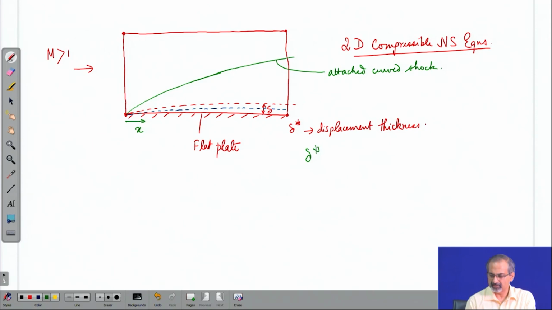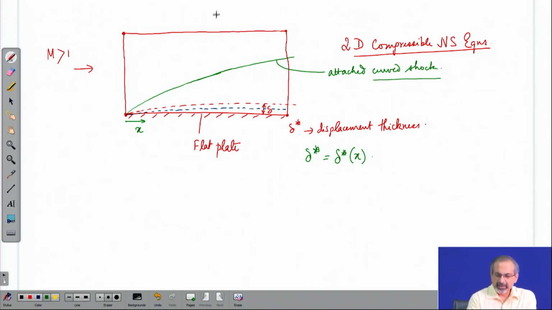So, delta star is a function of x, and it is not going to be a straight line indicative of this growth, and therefore, it is not as simple as flow past a wedge like surface, in which case you would have had a straight oblique shock. But because delta star will not appear like an inclined straight line, there will be a curved shock.